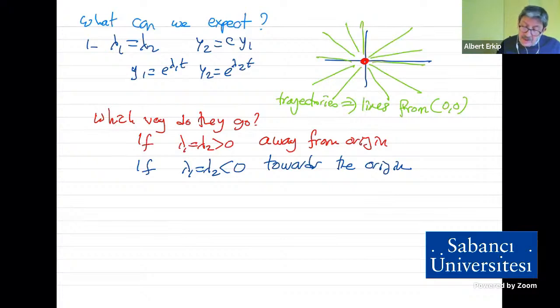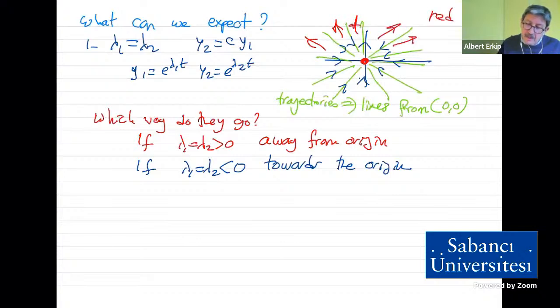So towards the origin, one would be like this, all of them, of course, or the other way around, all of them. So red or blue. All go towards the origin if lambdas are negative. All move away from the origin if lambdas are positive. This is just tracing the curve.